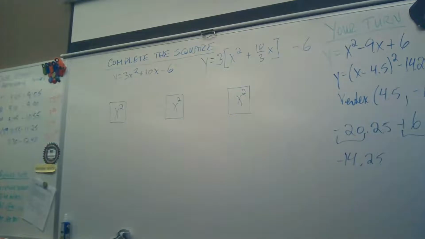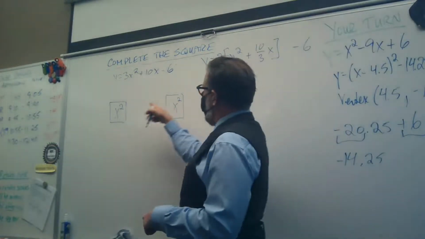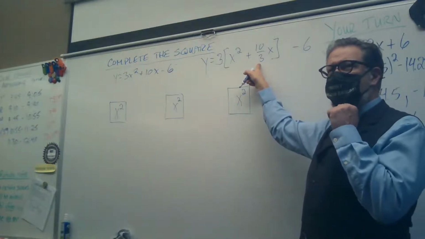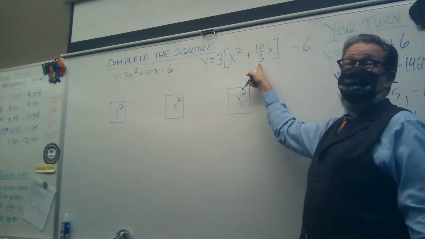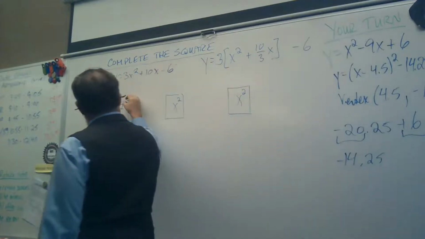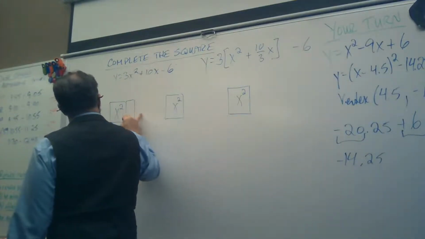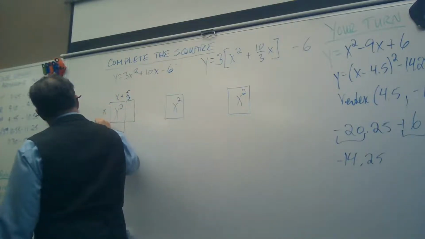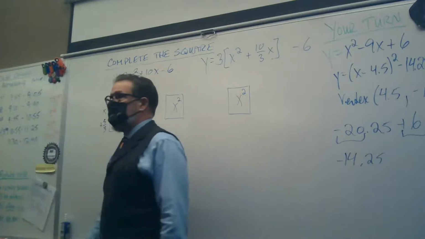Why 10/3 x? Because I'm divvying up the 10 x tiles between 3 completely different squares. Now, what do I need to do on each square? I need to put half of that on each side. How much is half of 10/3? 5/3. So I'm no longer going to draw each individual tile, but I am going to say that that's x plus 5/3 and this is x plus 5/3.